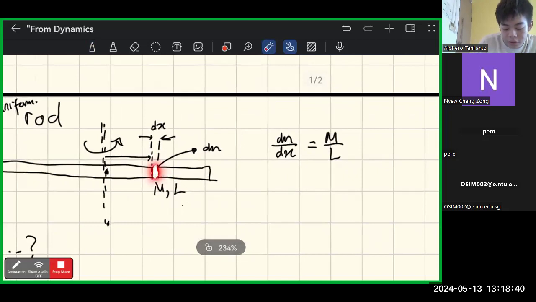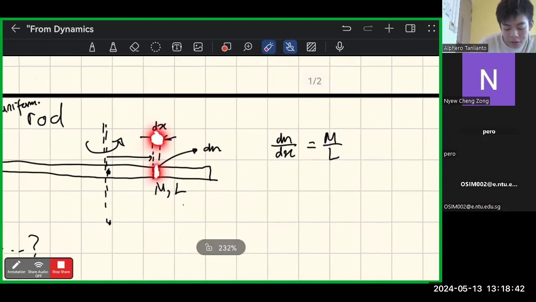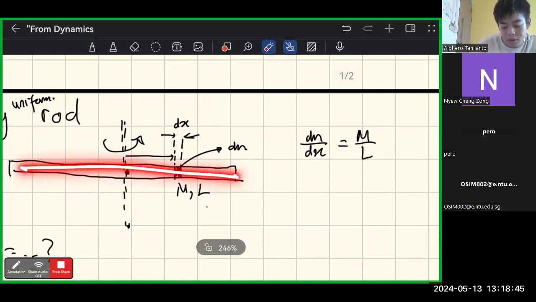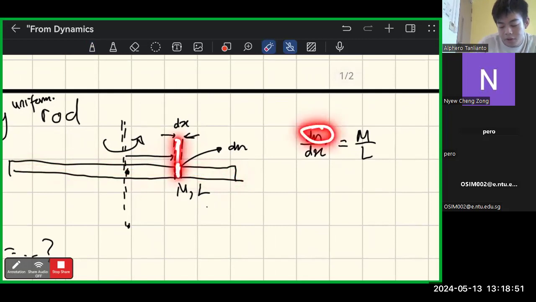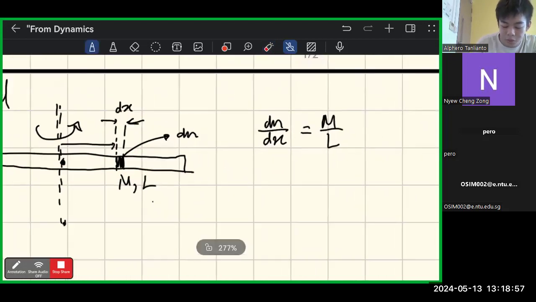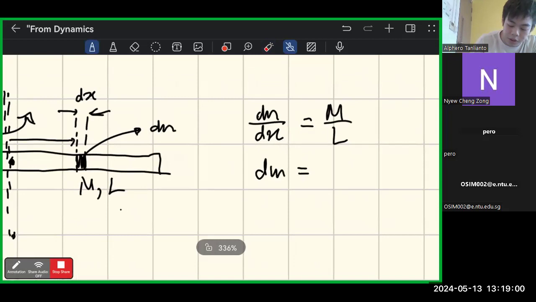If you have only dx of the length of the rod, then the mass of this dx part is dm. Then we can just say that dm over dx equals m over L. This is just a simple comparison. So we have that dm equals m over L dx.